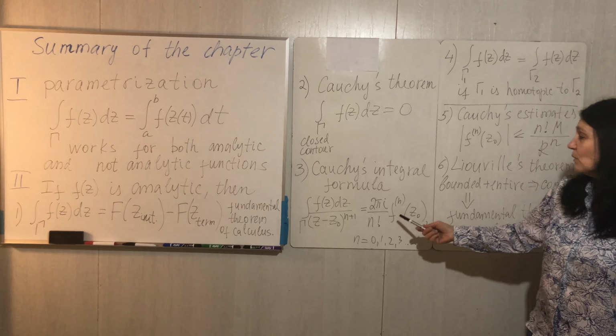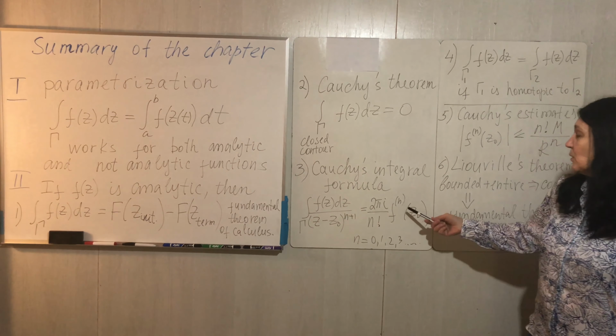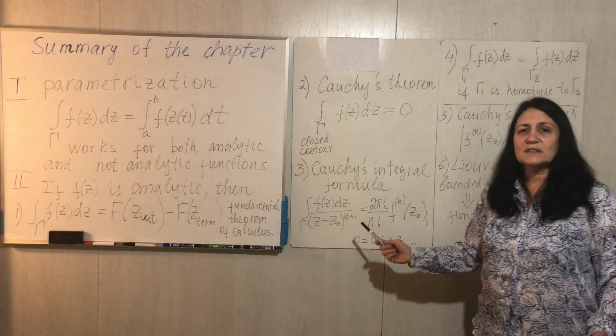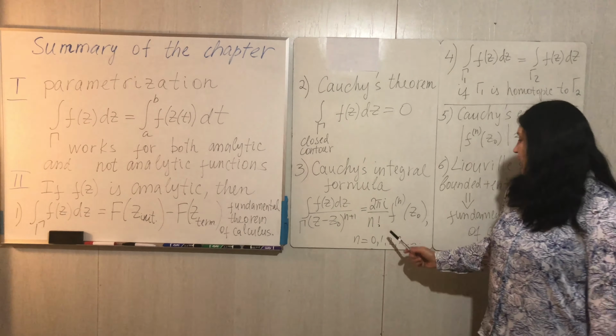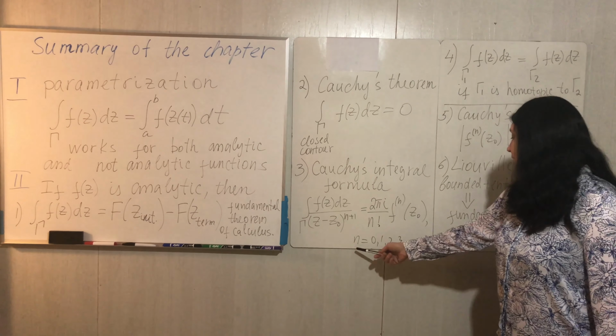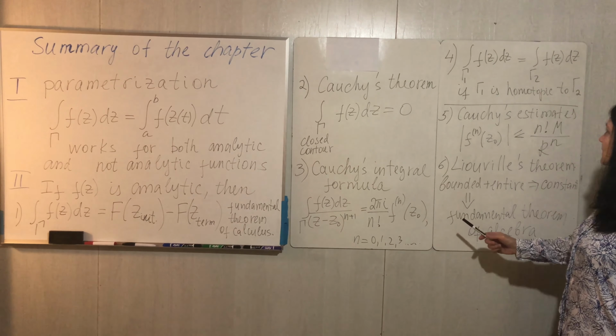And it also shows us that when we are dealing with analytic functions, they have derivatives of all orders. So here n is 0, 1, 2, 3, and so on.